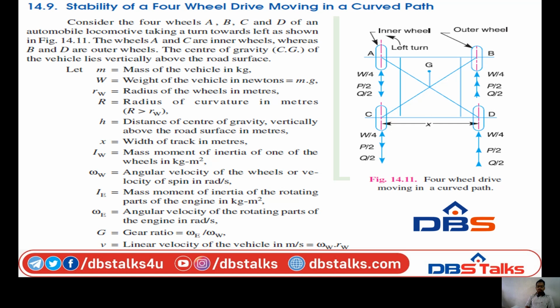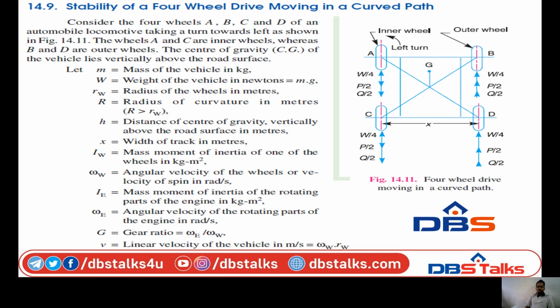Let the magnitude of this reaction at the two outer or inner wheels be P, then P x = C, or P = C / x. Therefore, the vertical reaction at each of the outer or inner wheels: the outer wheels are only two. For a left turn, AC are the inner wheels and BD are the outer wheels.